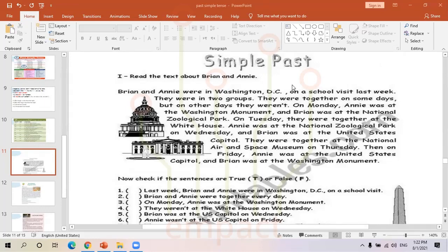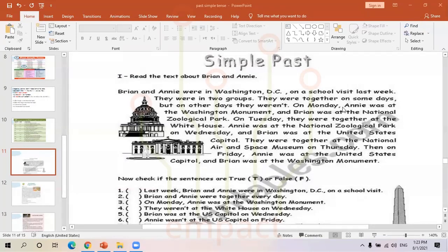Brian and Annie were in Washington, D.C. on a school visit last week. They were in two groups. They were together on some days, but on other days they weren't. Okay.